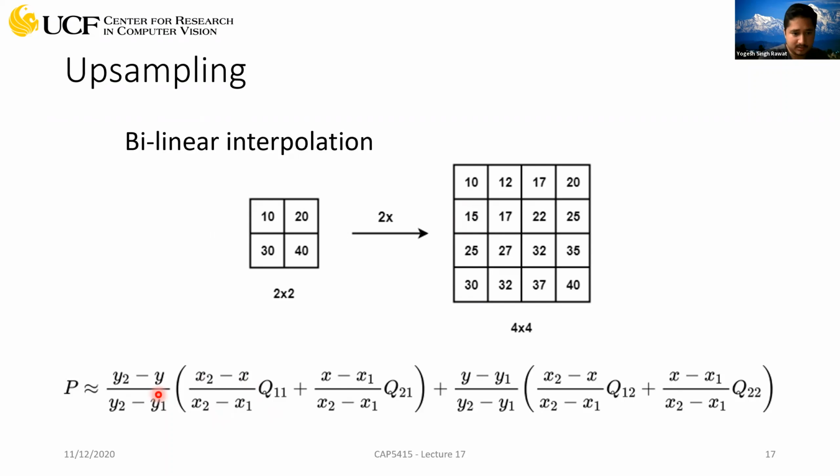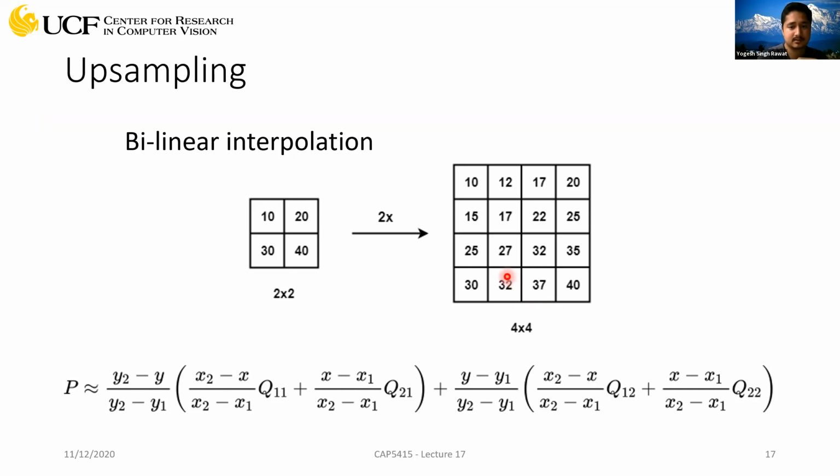Just ignore the first term and also the second term. Just look at this one, which is just in the X direction. Let's say X1 is the first location, X2 is the second location, and X is the target location for which you want to find the value.